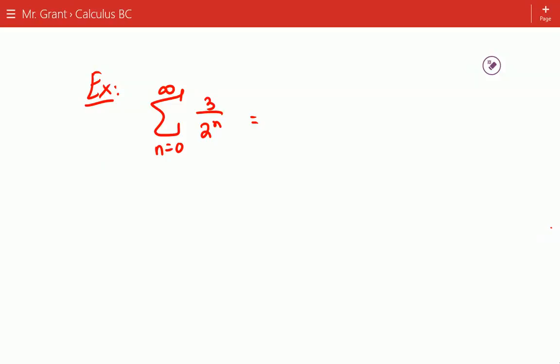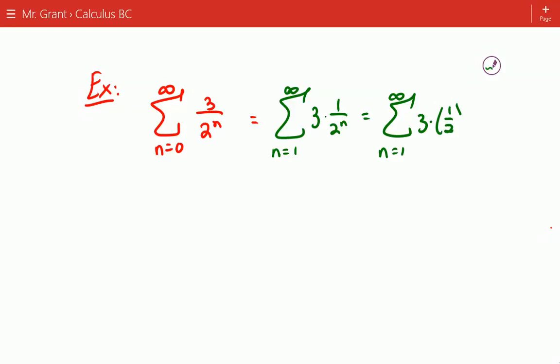And then maybe you get really clever. Maybe you decide that we can rewrite this sequence. Instead of 3 over 2 to the n, maybe it's 3 over 1 over 2 to the n. And then you rack your brain a little bit more and you realize, oh wait, we can actually factor out that nth power to become 1/2 to the nth. The reason we can do that is because if you distribute it back in, the top piece is completely irrelevant. 1 to the nth power is still 1, so we haven't changed anything at all.